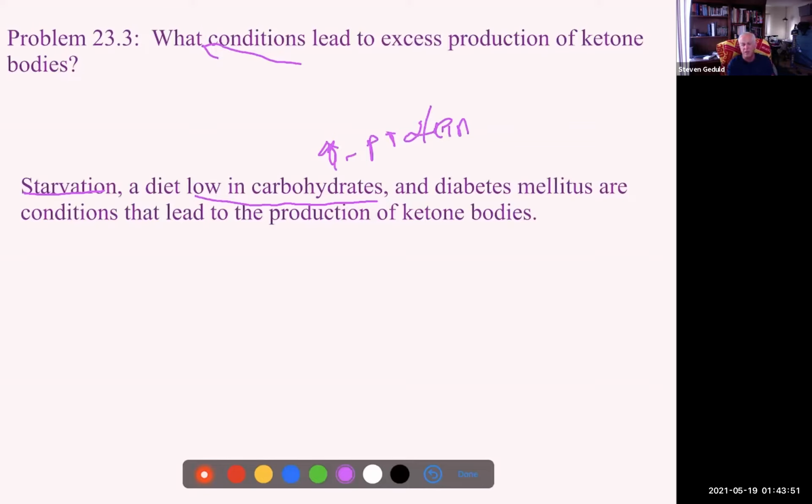You have to balance your diets. If you just do high protein, low carbohydrates, you'll lose weight, but then you put yourself in what's called negative nitrogen and you're producing ketone bodies. So starvation will produce excess production of ketone bodies. Low carbohydrates in your diets can produce it, and uncontrolled diabetes leads to the production of ketone bodies.